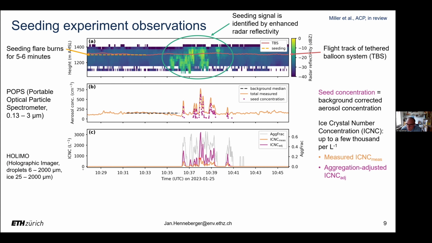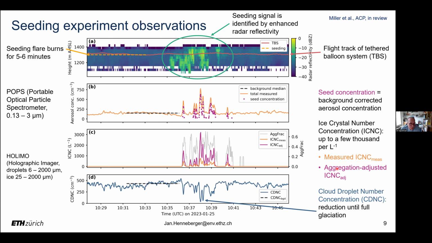We had nothing in the background, and then during the seeding it went really up to a few thousand, a very high ice concentration. Here you see the measured ice crystal number concentration in orange, and an aggregate-adjusted ice crystal number concentration, where we count how many heterogeneous ice nucleation events happen. If an ice crystal is an aggregate of 3 crystals, it counts as 3 nucleation events. I will talk a bit more about it later.